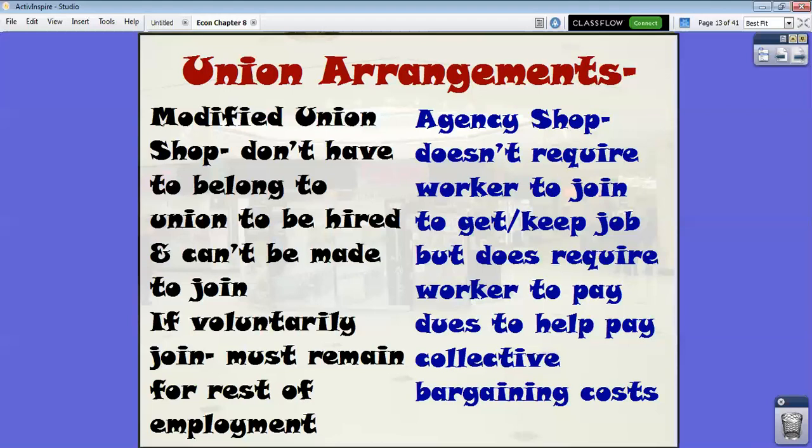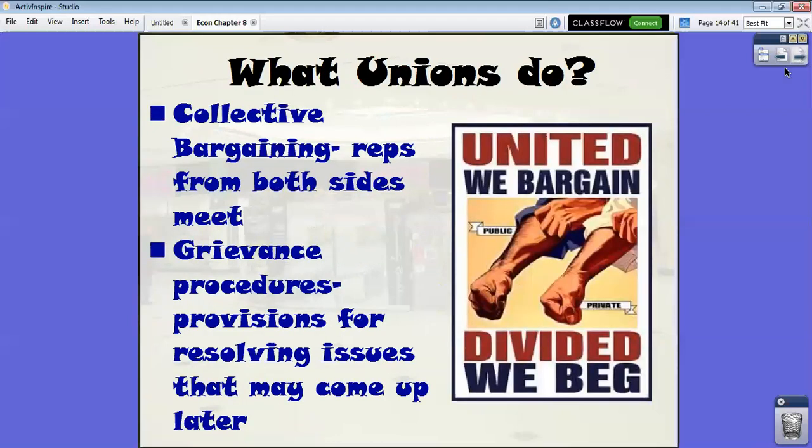There would be no reason to join the union. It actually would incentivize not joining if you didn't have to pay for it, yet you got all the benefits from what the union does with collective bargaining. So that's an agency shop. So those are our 4 types of union arrangements.